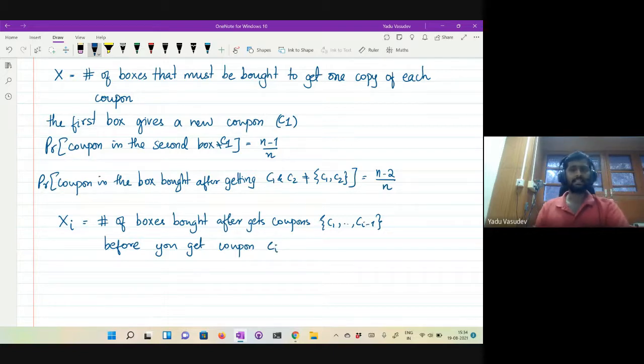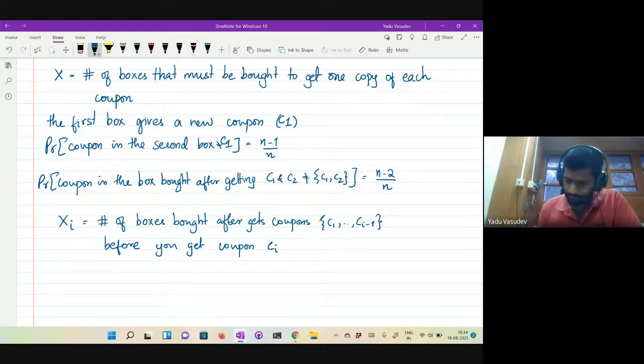So suppose you have bought a bunch of boxes and you have got coupons C1, C2 up till Ci minus 1. From that point, you look at the number of boxes that you have to buy before you get a new coupon, coupon Ci. That is a random variable, and that random variable is called xi.